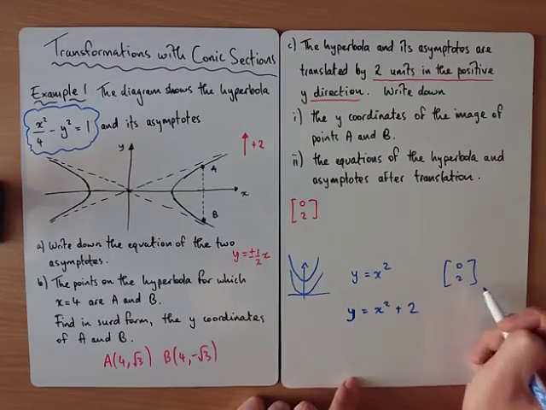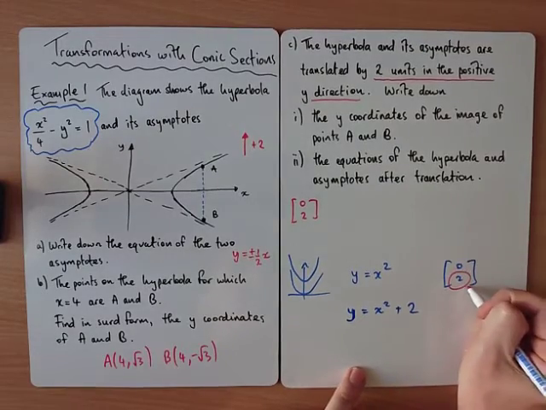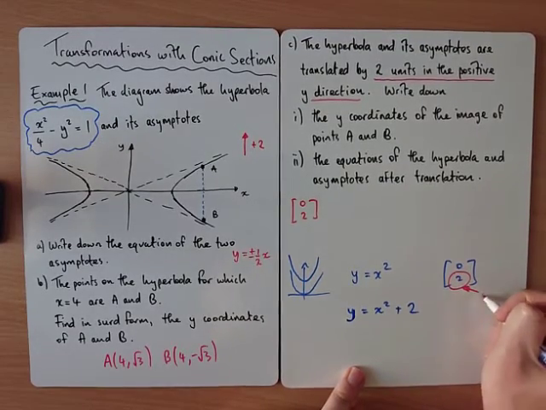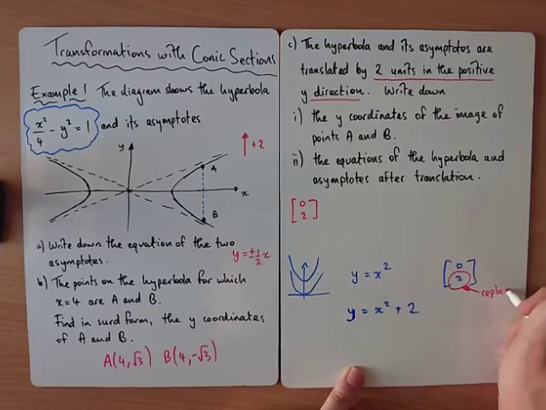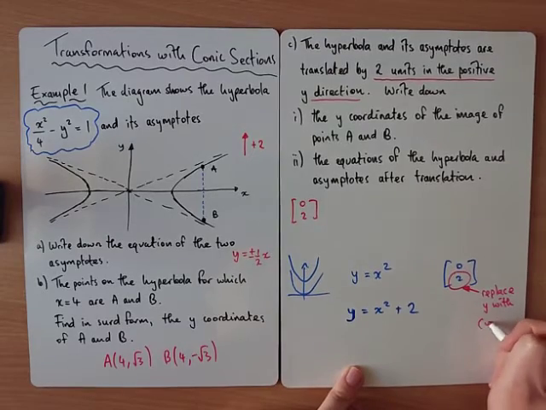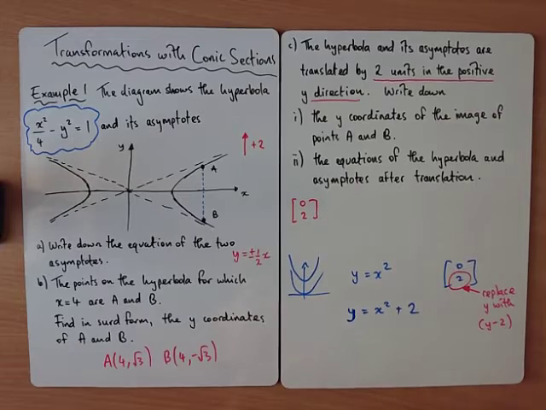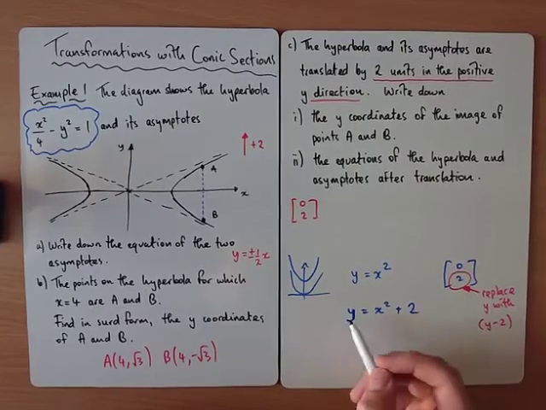If you think about this, instead of thinking about adding 2, think about it as replacing the y value with y minus 2. Just like if you were doing it for x, I'll do one of those in a second, you'd realise that you'd be replacing x with the negative version of this.